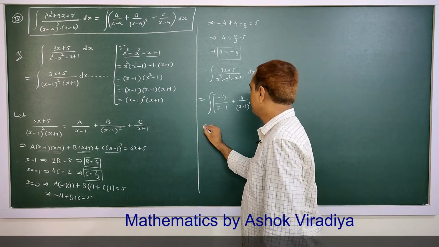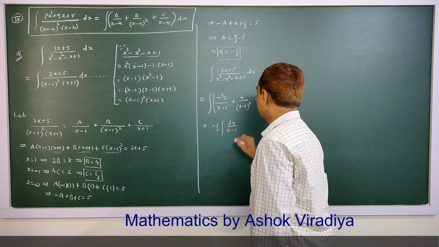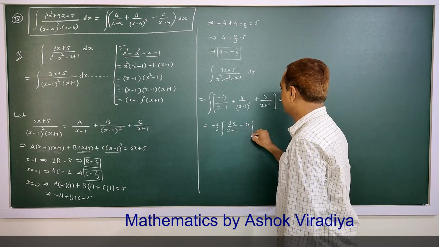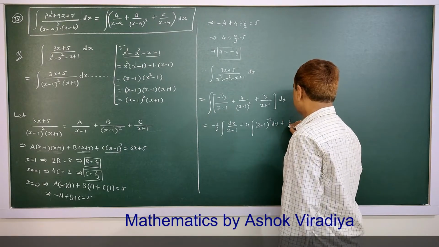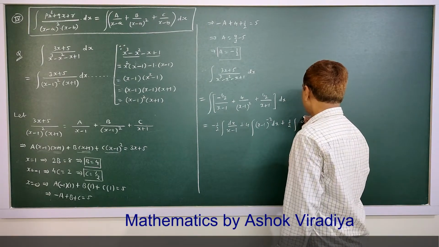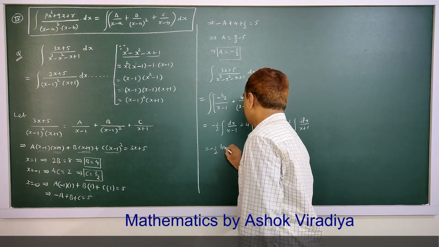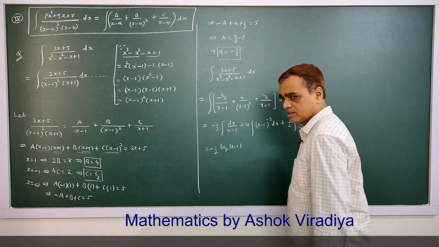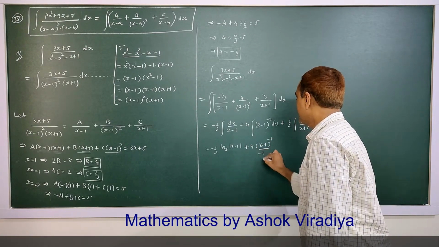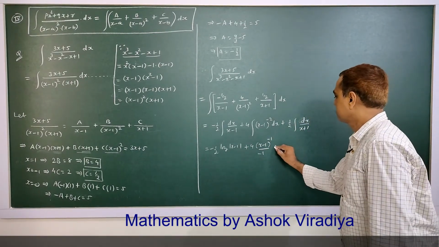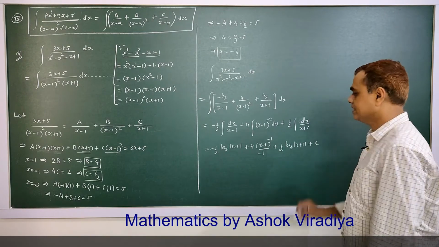So it is equal to minus 1 by 2 dx upon x minus 1 plus 4 into x minus 1 raised to minus 2 dx plus 1 by 2 into dx upon x plus 1. So minus 1 by 2 log mod x minus 1 plus 4 into x minus 1 raised to minus 1 upon minus 1 plus 1 by 2 into log mod x plus 1 plus c.